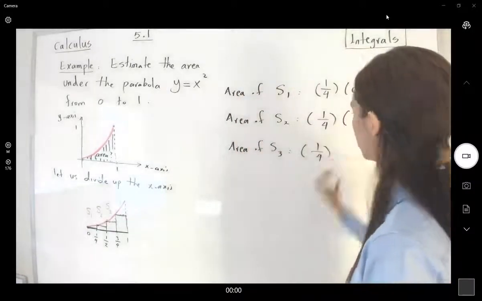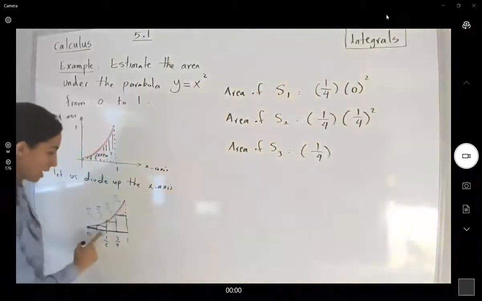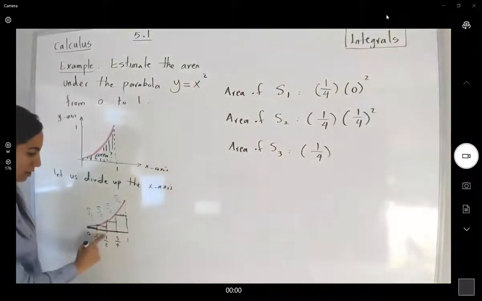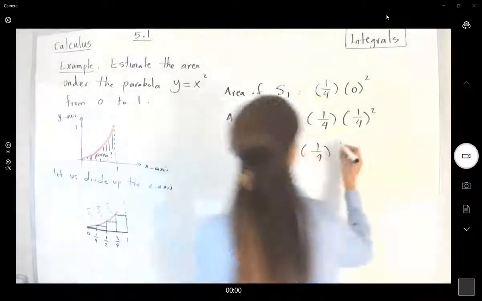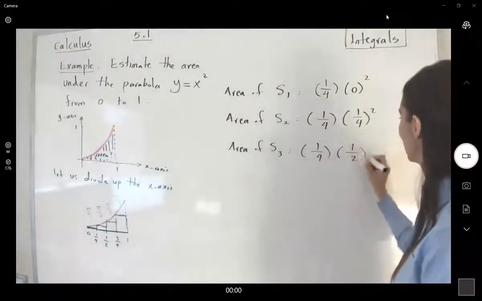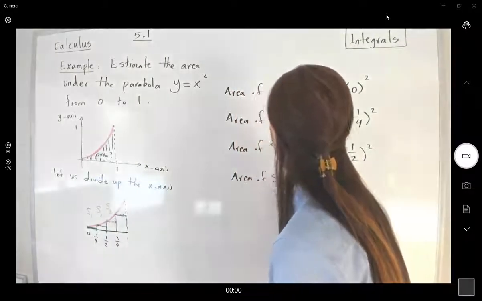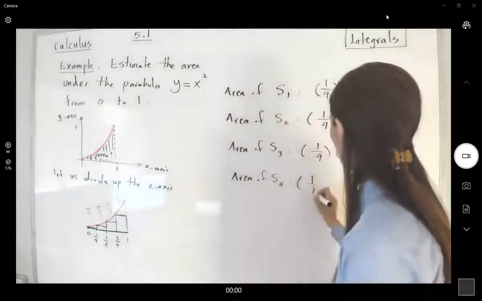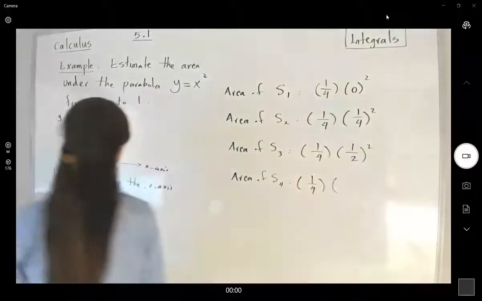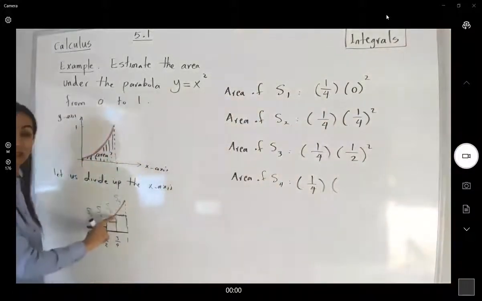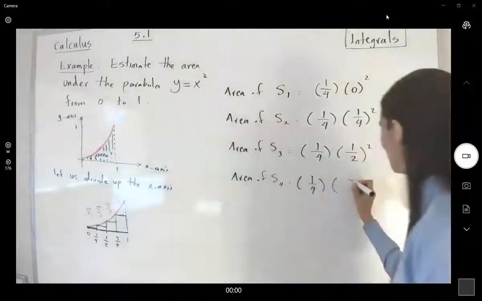The area of S3, again, the length is a 4. Now you have a half raised to the second power, a half squared. And the area of S4 is going to be a 4 times 3/4 to the second power as your y value.